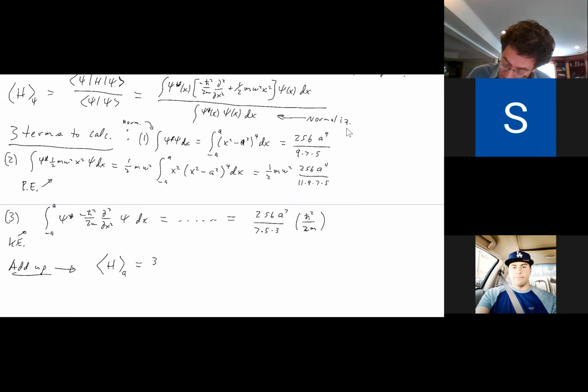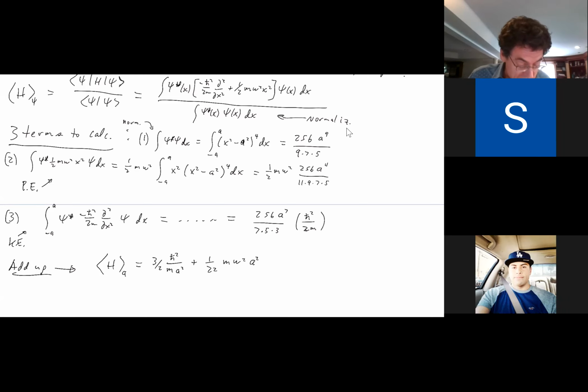We see that we have 3/2 h bar squared over m a squared, plus, when you just do a few lines of algebra that I'm skipping, 1/2 times m omega squared a squared.